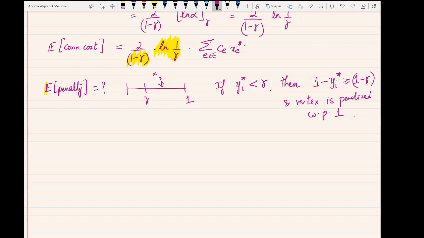And if yi star is greater than gamma, then what is the probability that i occurs in the thresholded set of vertices U? Well, it is exactly the probability that alpha is in yi star comma 1.